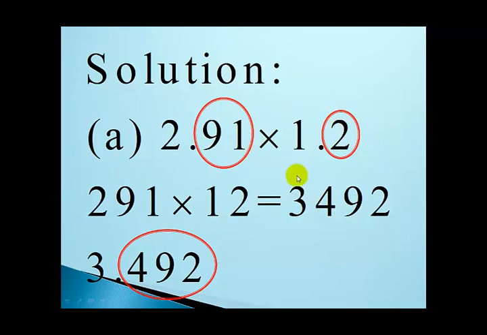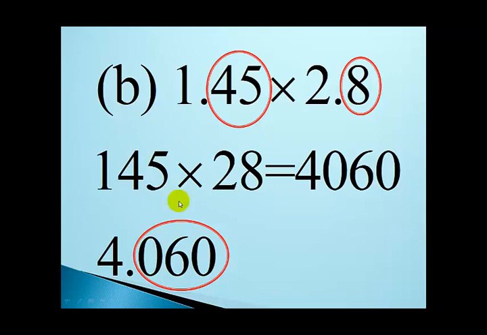That means that 3,492 will be equal to 3.492 to 3 decimal places, because the total decimal places of the 2 decimals multiplying is 3.